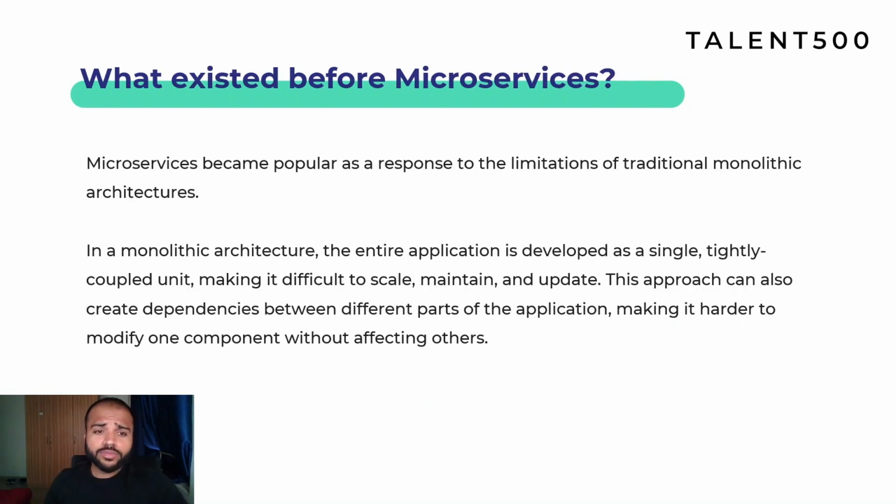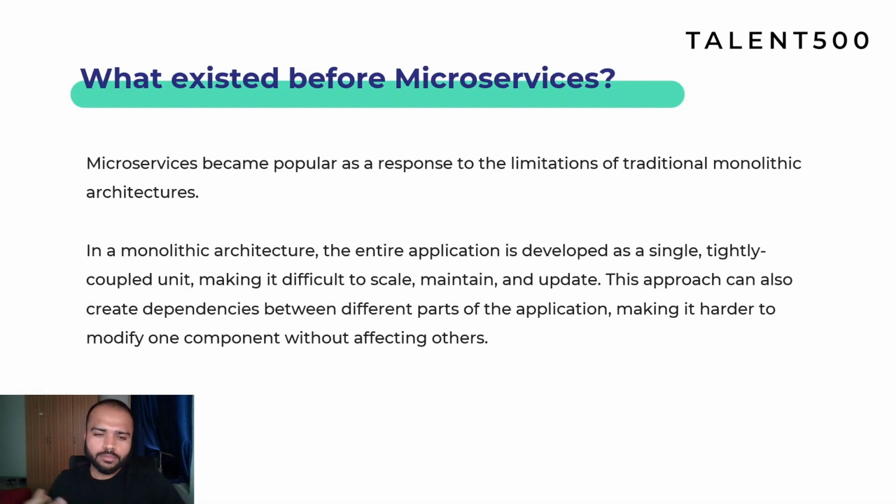So the next obvious question is, what existed before microservices? Microservices became popular because of some drawbacks of the traditional monolithic architecture. In a monolithic architecture, the entire application was developed as a single unit, where more often than not, all these units became tightly coupled with each other.